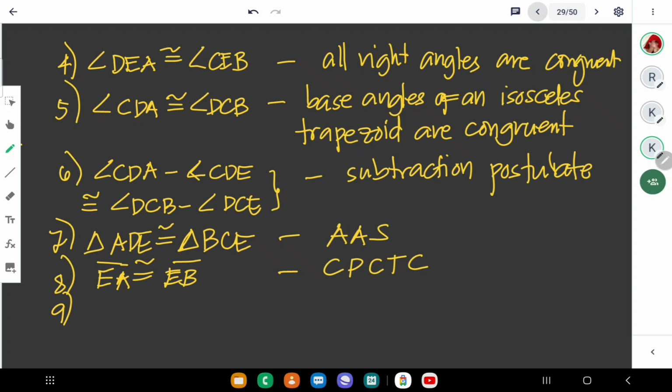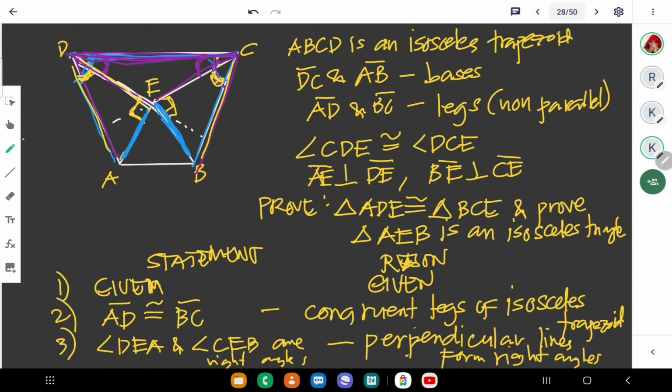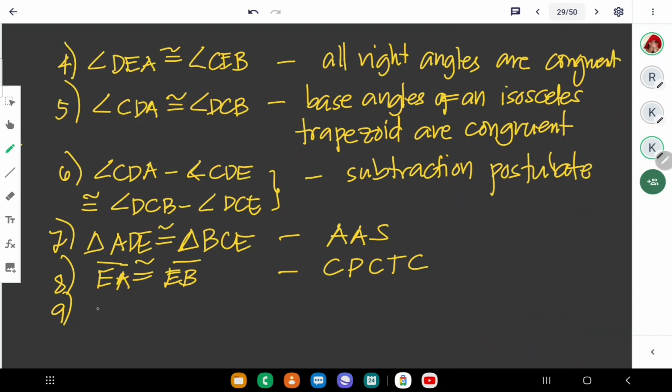Therefore angle EDA is congruent to angle ECB. Let's say CPCTC.